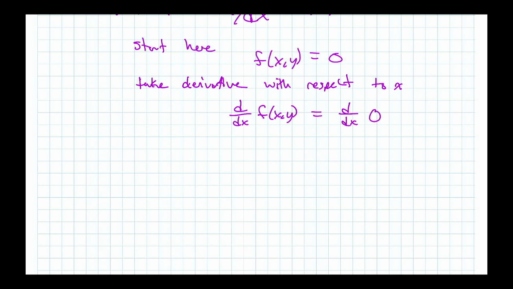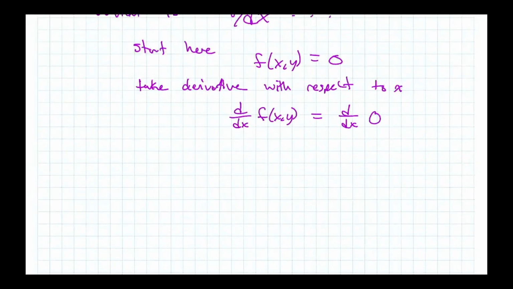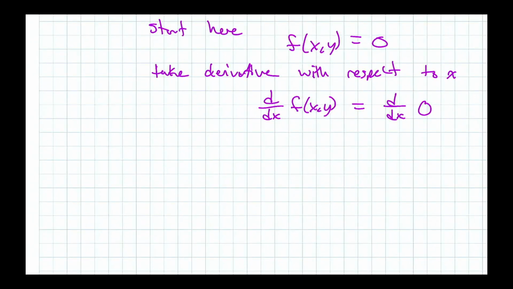Now, okay, this is a little bit dumb, maybe. The tree here looks like this. So you have f on top.